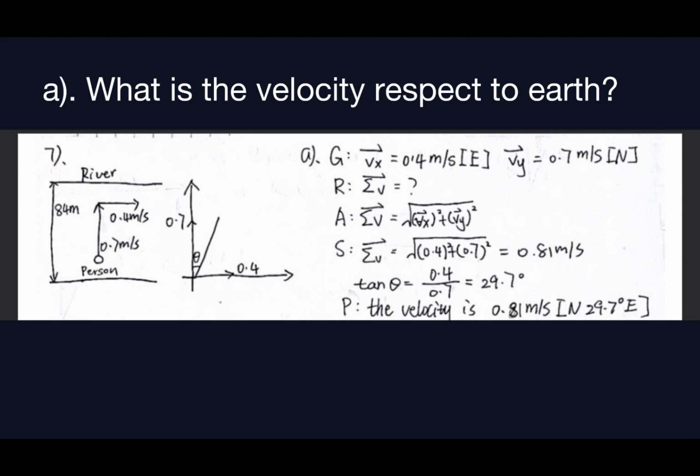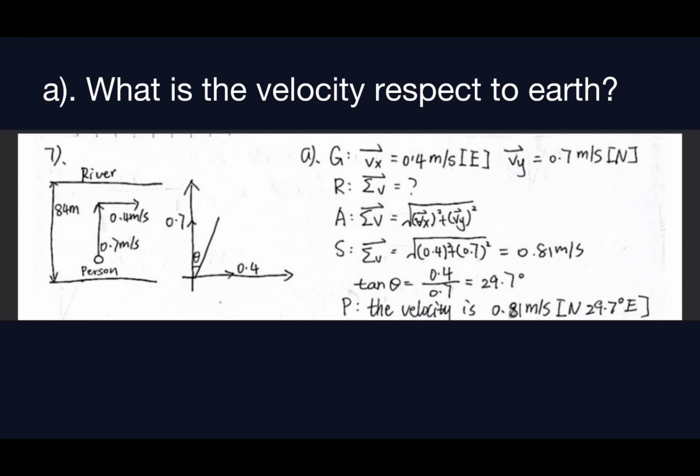By substituting the values we get v equals the root of 0.4 squared plus 0.7 squared, which equals 0.81 meters per second.